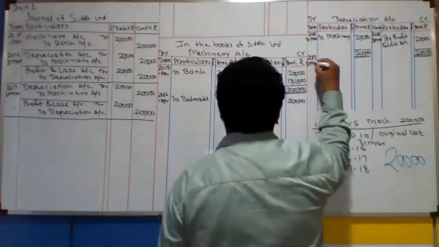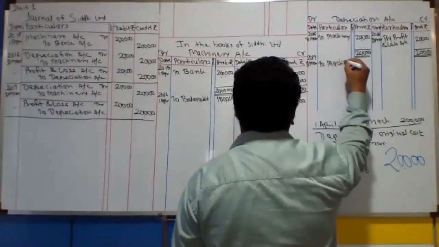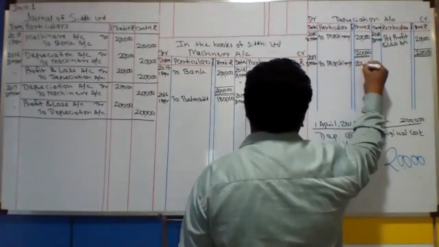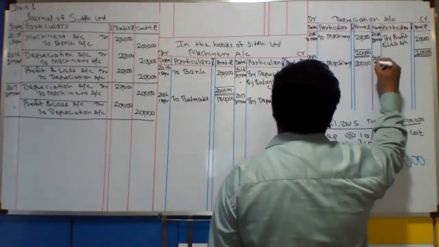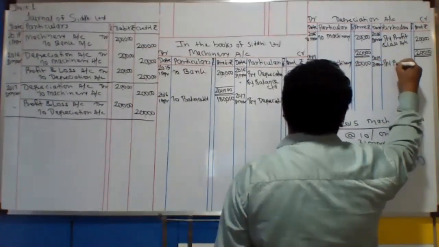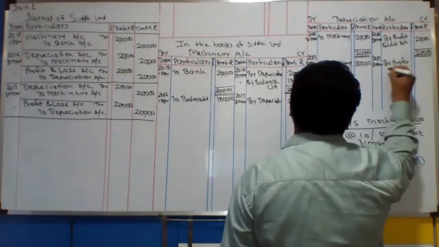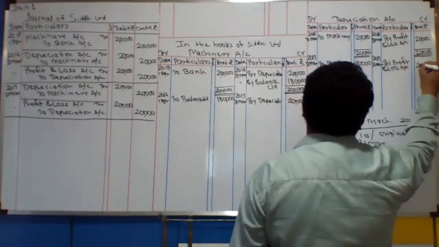I hope you can listen to me and write. Here is to machinery 20,000. And immediately by profit and loss account rupees 20,000.